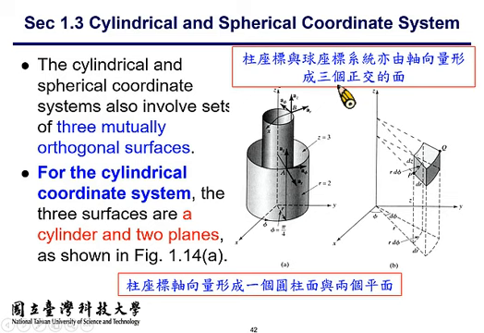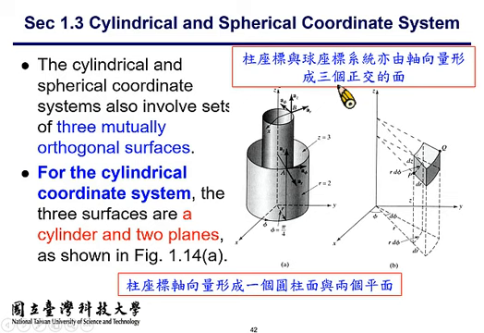So the uniformity property does not hold for the two reference directions in the cylindrical coordinate system. Any two different points in the cylindrical coordinate system do not have the same r direction and do not have the same phi direction.